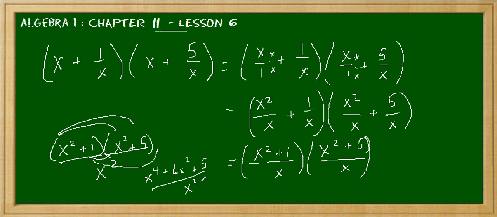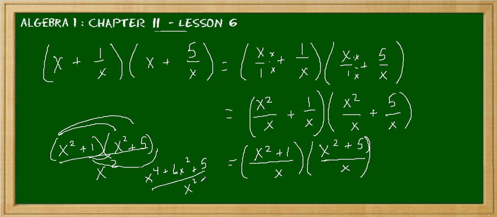Why? Because if we were to just go in reverse, let's reverse this and say x to the 4th over x squared plus 6x squared over x squared plus 5 over x squared. So we're just distributing that x squared underneath. We're just writing this out as the sum of these different fractions.